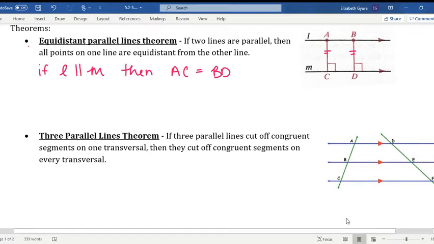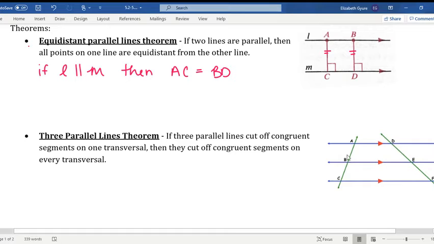Three parallel lines theorem. The three parallel lines theorem says, if three parallel lines cut off segments on one transversal, so here are your three parallel lines, cutting through one transversal, like AC, and see how they're cutting it into smaller parts, then they cut off congruent segments on every transversal.